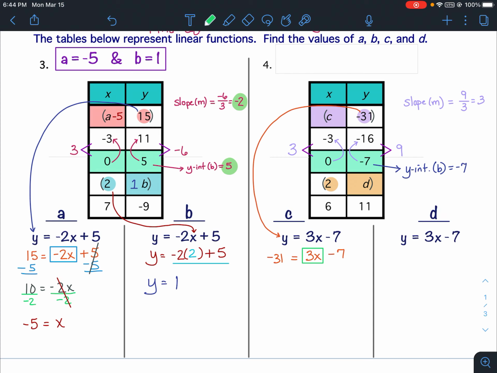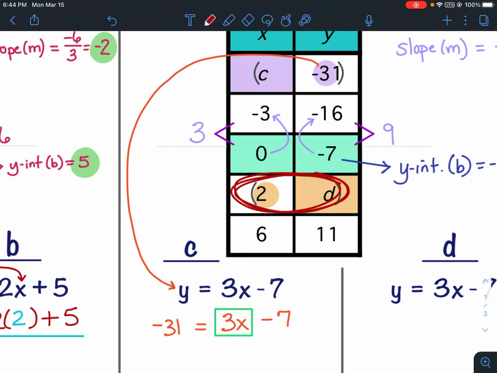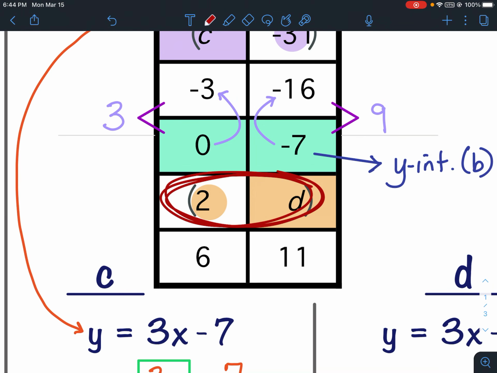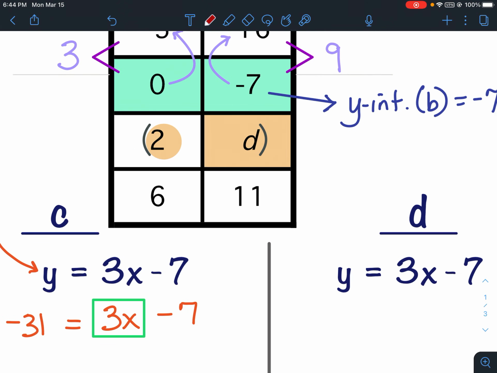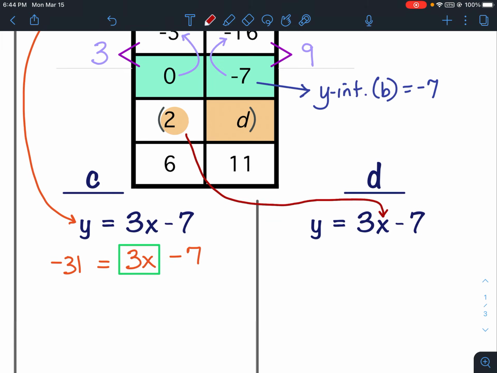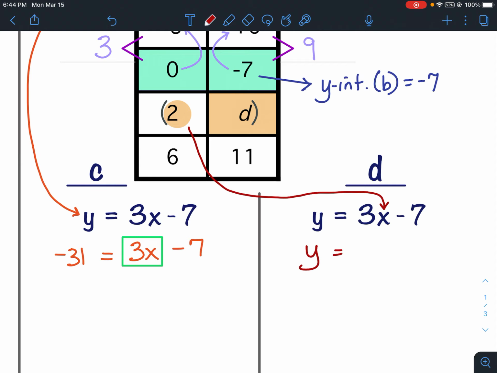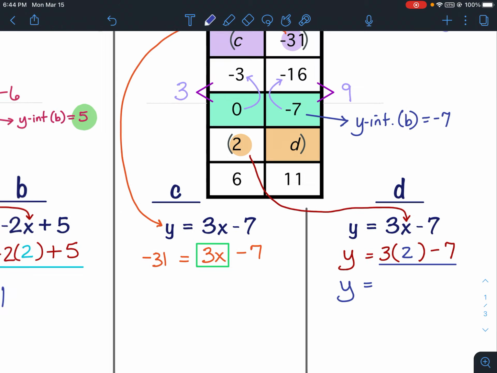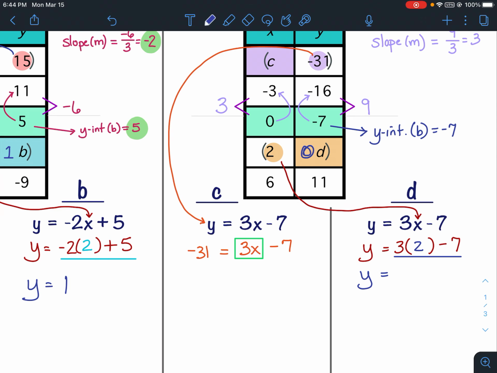All right, for d. Here's my information for d. D is the y value and 2 is the corresponding x value. So I'm going to take that 2 and plug it into the x. You can put that all in your calculator at once, figure out what that value is, and put it up here beside the d.